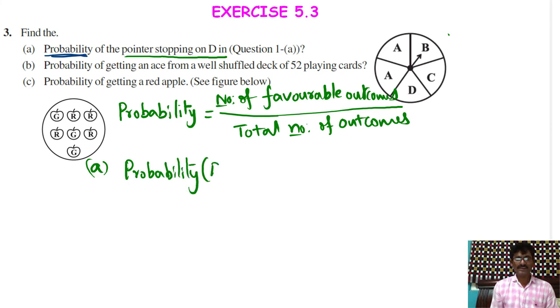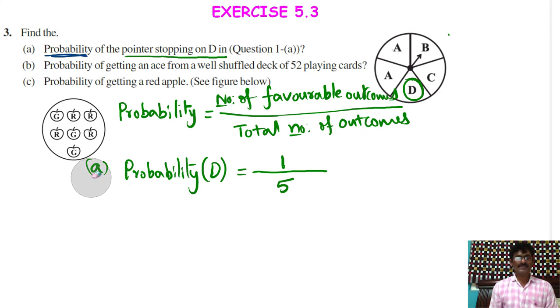Probability of stopping at D equals number of favorable outcomes divided by total number of outcomes. Total outcomes are 5, because there are 5 portions. D has just 1 portion. So 1 by 5 is the probability in question A.